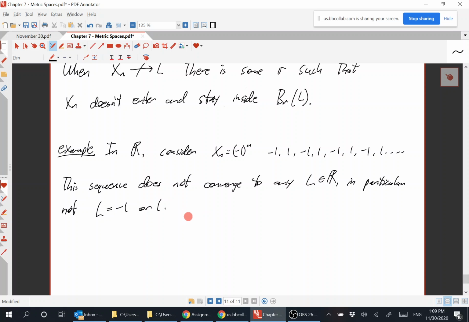(-1)^n does not converge to 1 because, which ball around L, which is 1 here, does this sequence fail to get stuck inside of?